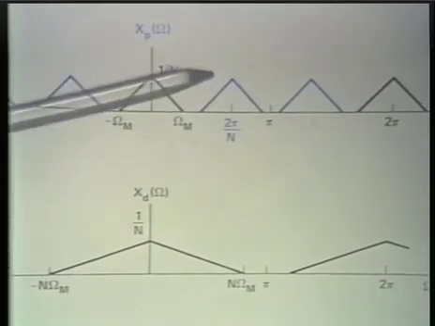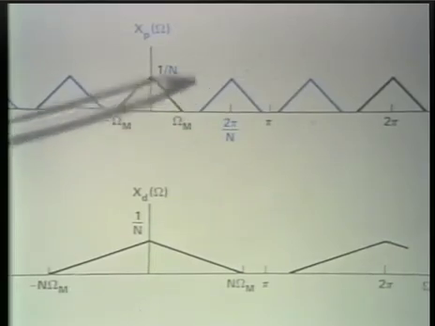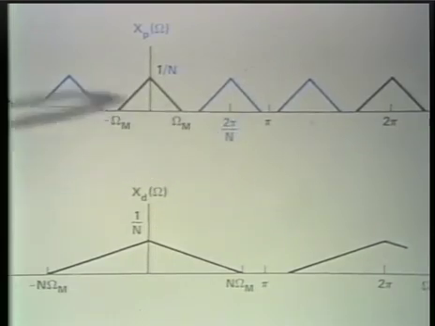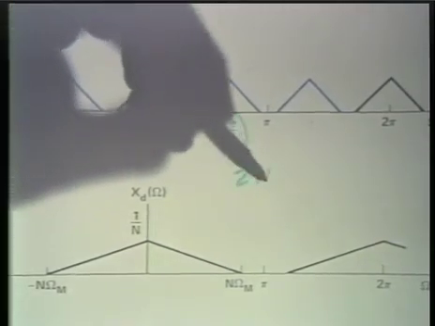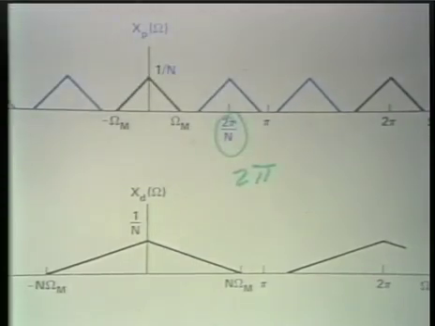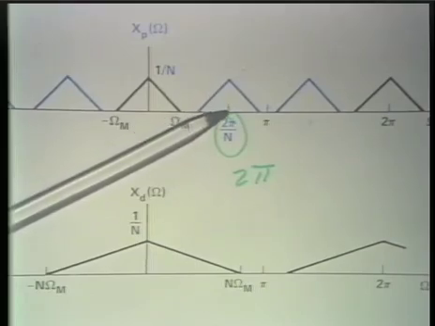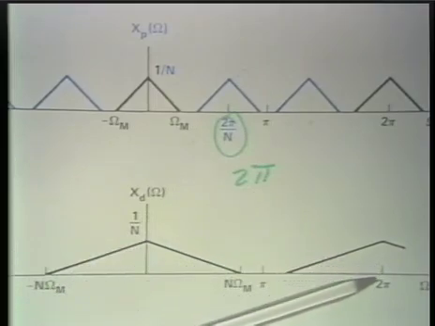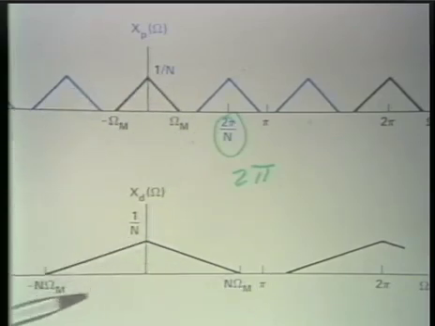In particular, it simply corresponds to multiplying this frequency axis by capital N. And notice that this frequency now, 2 pi over capital N, ends up getting rescaled to a frequency of 2 pi. So in the rescaling, this point in the decimation gets rescaled to this point, and correspondingly, of course, this whole spectrum broadens out.